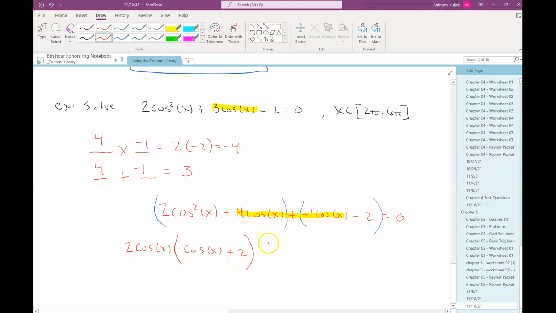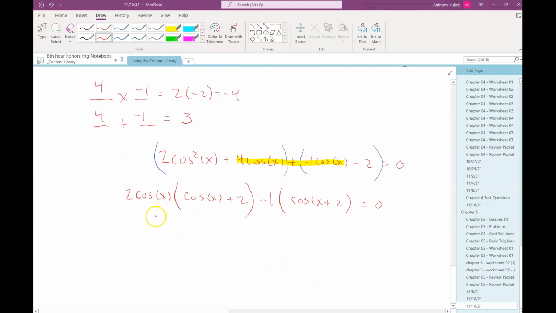From the second group, I can take out a -1, very good. What am I left with? Cosine x plus 2. Notice each of those have a cosine x plus 2 in them. So if I factor that off, I'm left with 2 cosine x minus 1. Now we're all factored up. Cool with that?